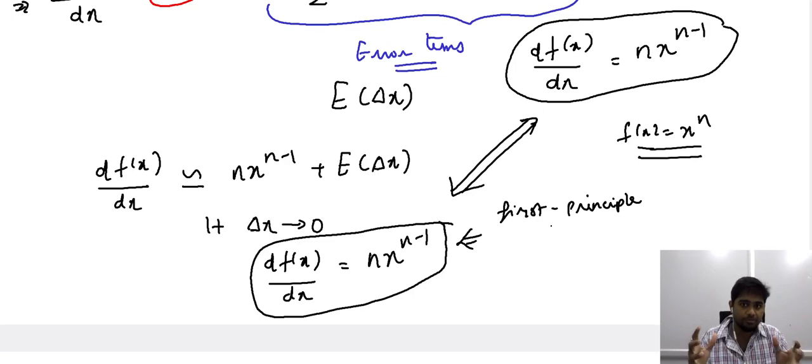If you are comfortable with this first principle approximation of what a derivative is, then using that, we will be able to arrive at any given formula that we need for solving a given function.